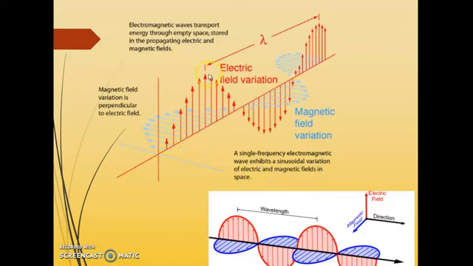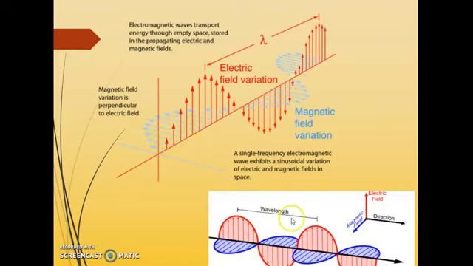That you can see, this is the electric field moving sinusoidally, and this is the magnetic field perpendicular to the electric field. It's also sinusoidal. So as you can see, as the second point tells us, the electric field and the magnetic field are in phase, that you can easily see that they are in phase with each other.